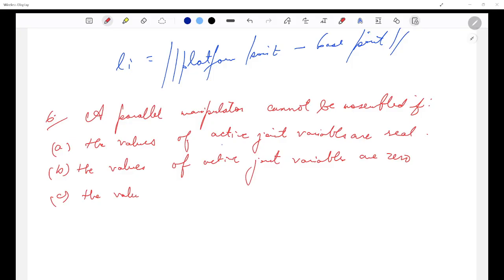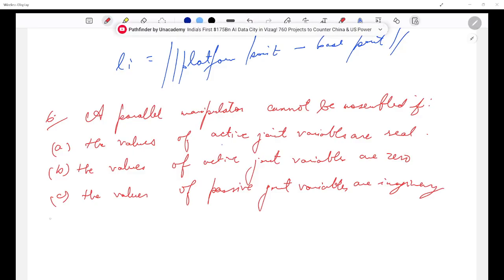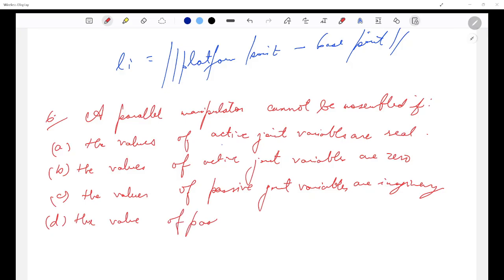The values of passive joint variables are imaginary, and the values of passive joint variable are 0. Okay, so what is the correct answer?